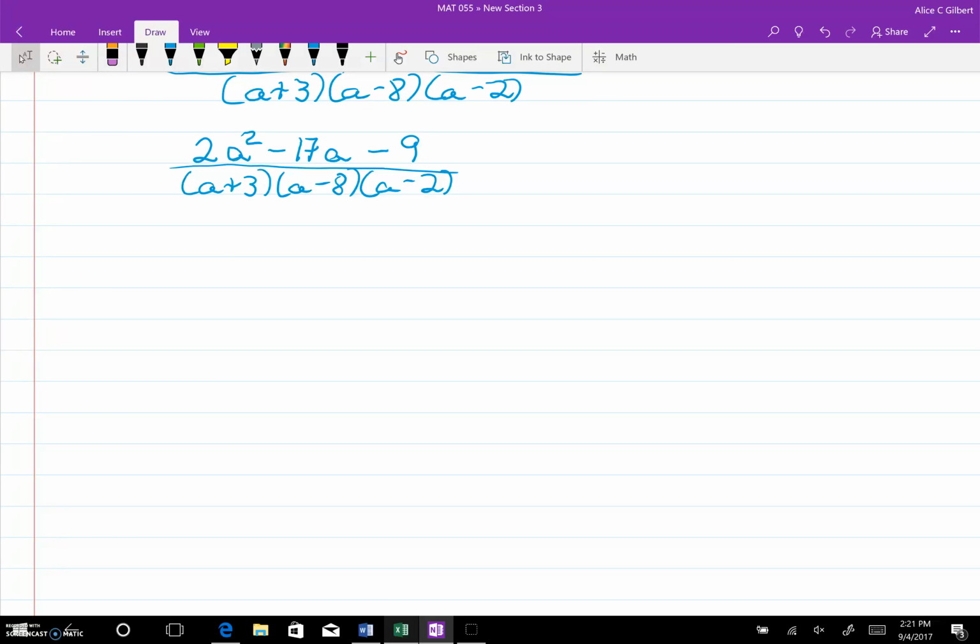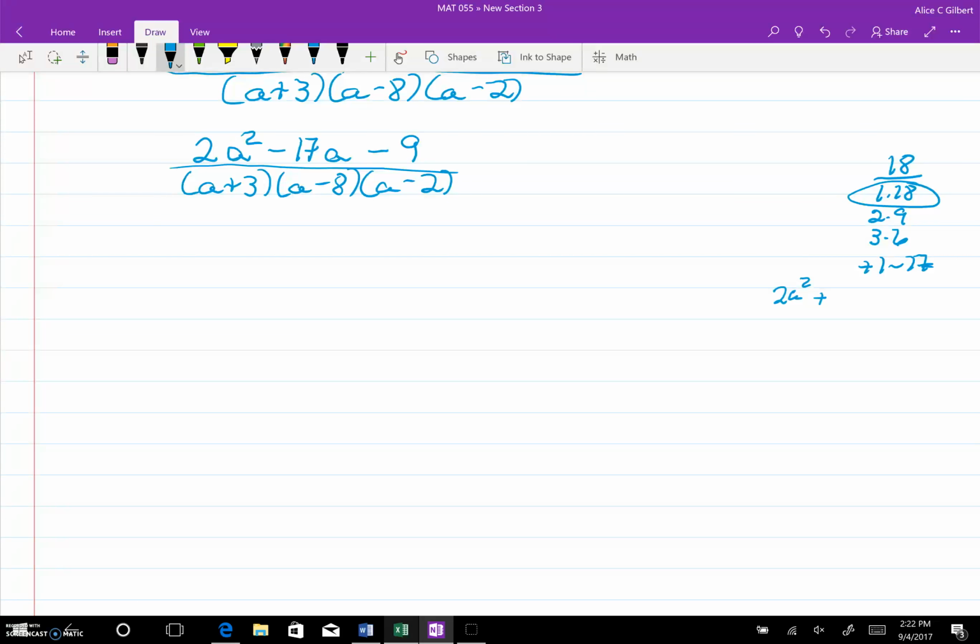And the only way I can do that is if I factor my numerator. Well, 2 times 9 is 18, and so that's 1 and 18, 2 and 9, 3 and 6. I think it has to be this, which would have to be positive 1 and negative 17. And so now I'm going to stretch my middle term.